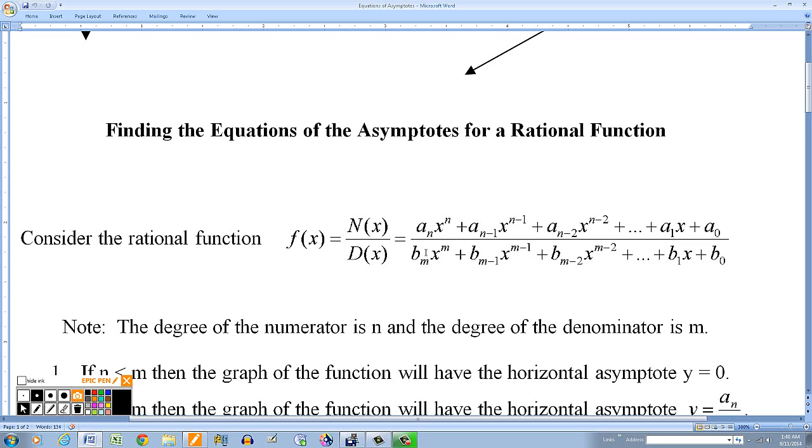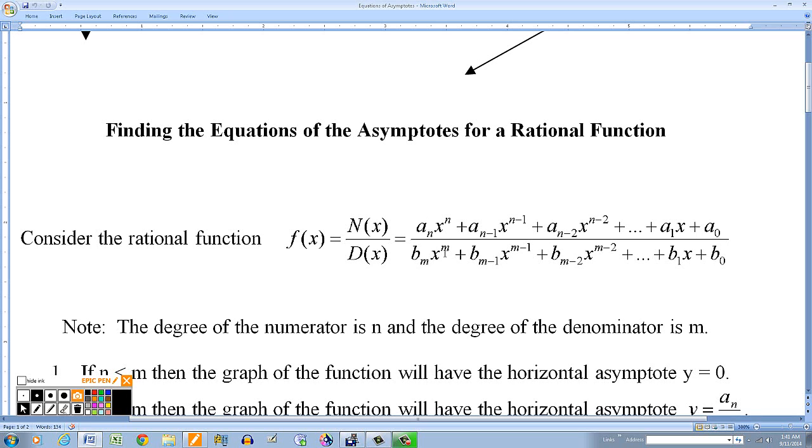And then for the denominator, the same thing. We're assuming that the terms in the numerator and the denominator are in descending powers. So the highest degree term in the numerator is a sub n x to the n. The highest degree term in the denominator is b sub m x to the m. So the degree of the numerator is n and the degree of the denominator is m.